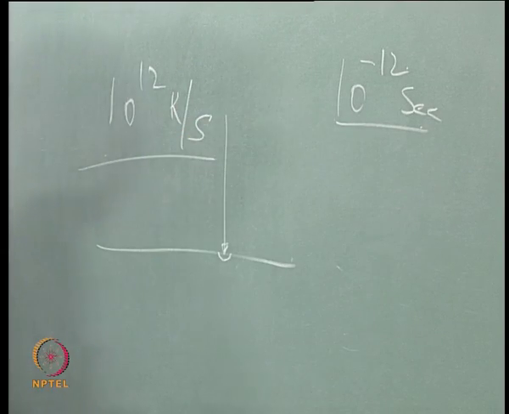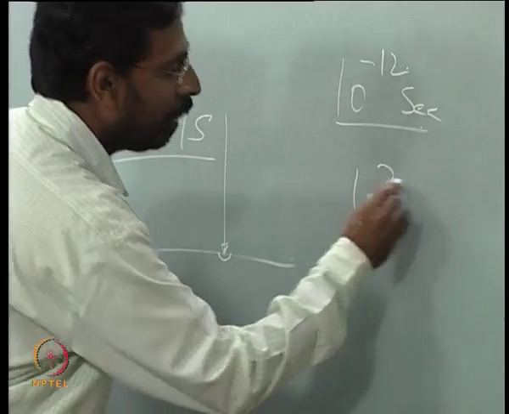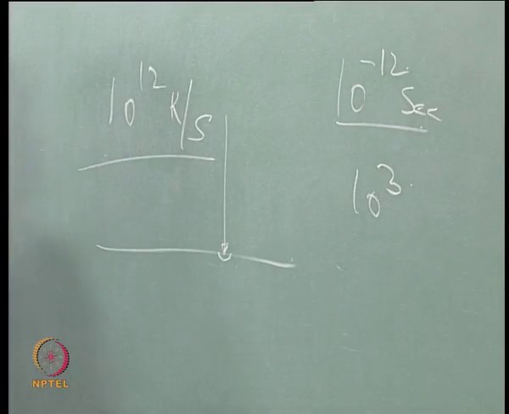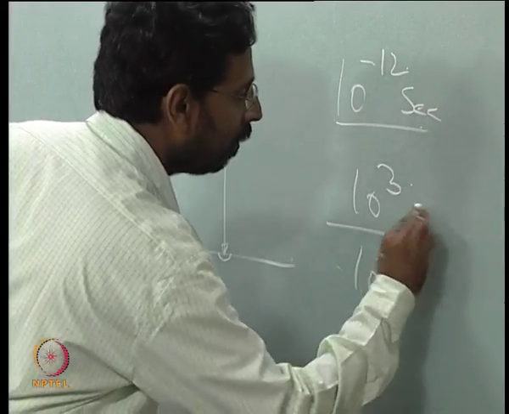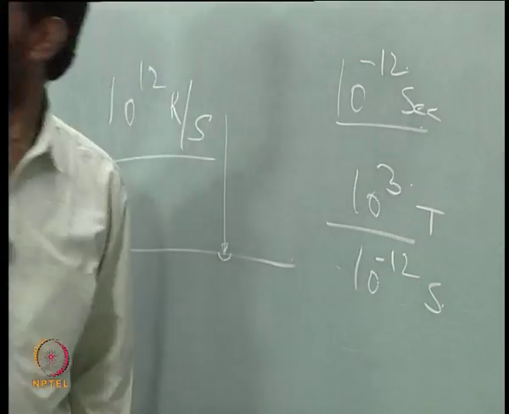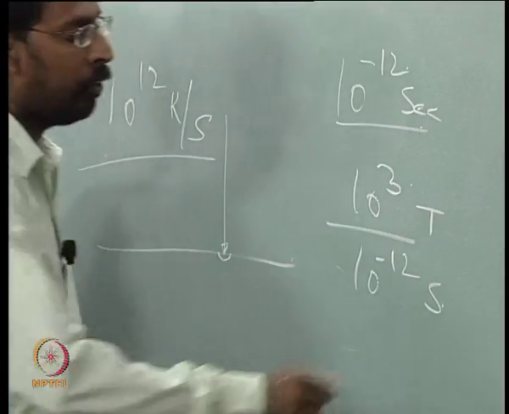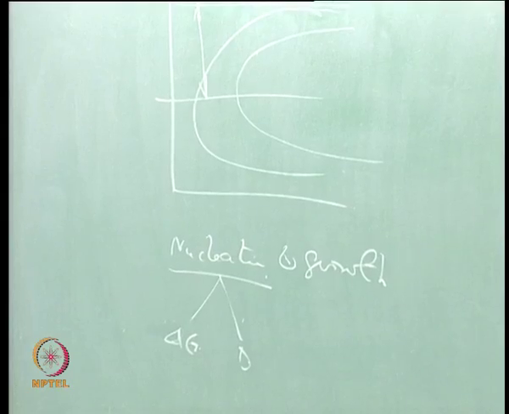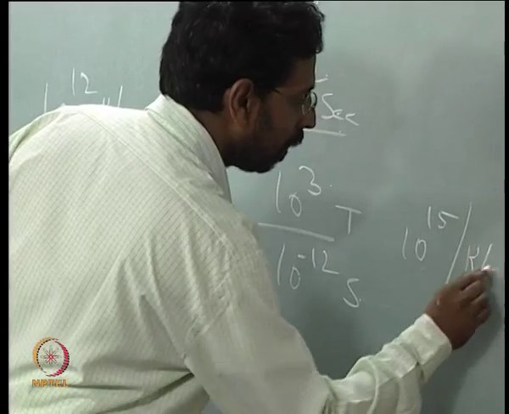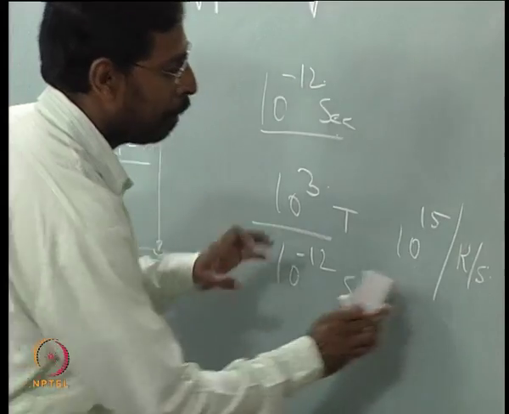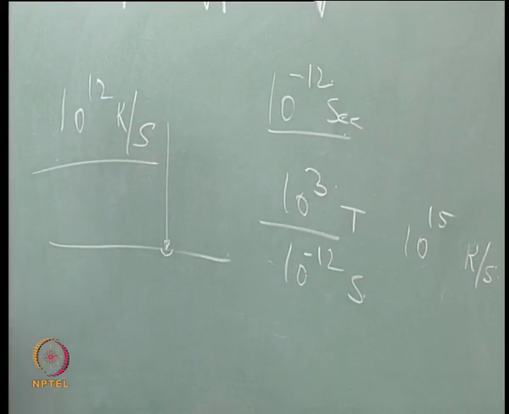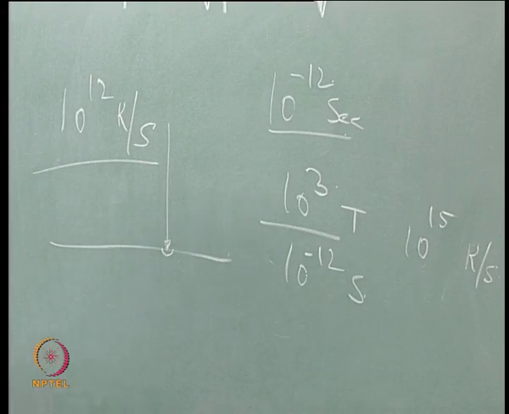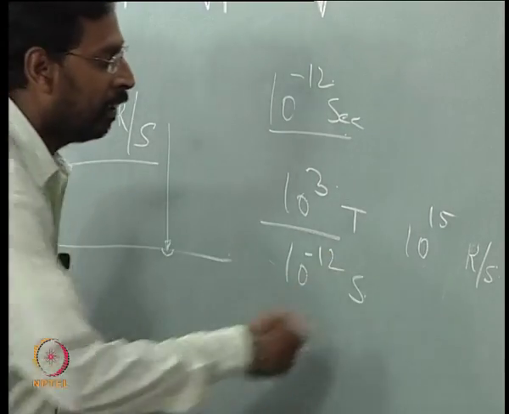If you consider that 10 to the power 3 is the temperature change taking place, and 10 to the power minus 12 is the time, this is the delta T and this is the time, and you would see the ratio gives you 10 to the power 15 Kelvin per second. In principle, theoretically one can get this.